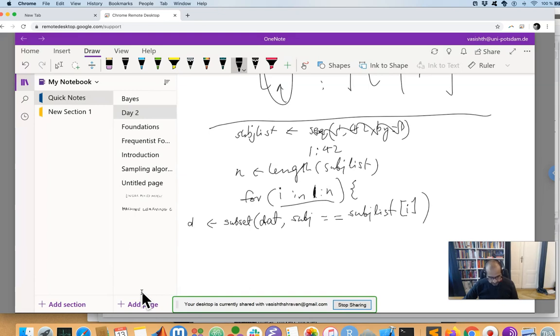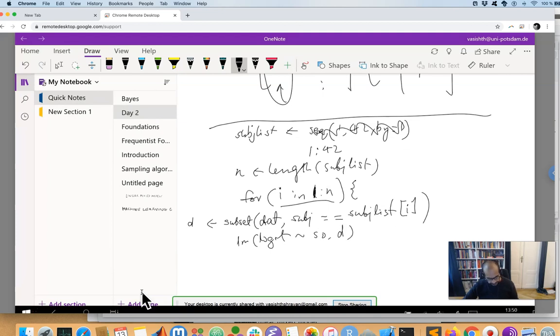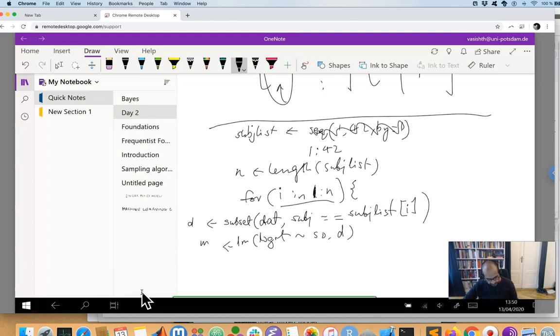And then in this for loop, I could fit a linear model to the log RT, it was log RT or something, as a function of SO for my current data set D, and save that as the model object M. Then I could extract the summary.